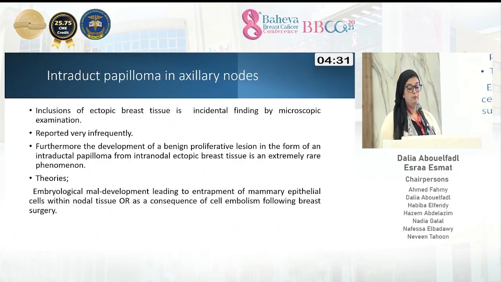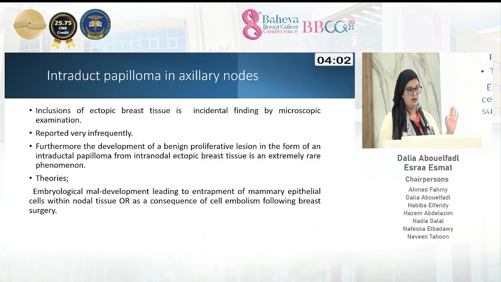Furthermore, development of a benign proliferative breast lesion in the form of an intraduct papilloma from intranodal ectopic breast tissue is an extremely rare phenomenon. Theories that can explain such incidents are embryological maldevelopment leading to entrapment of mammary epithelial cells within nodal tissue, or cell embolism following breast surgery.